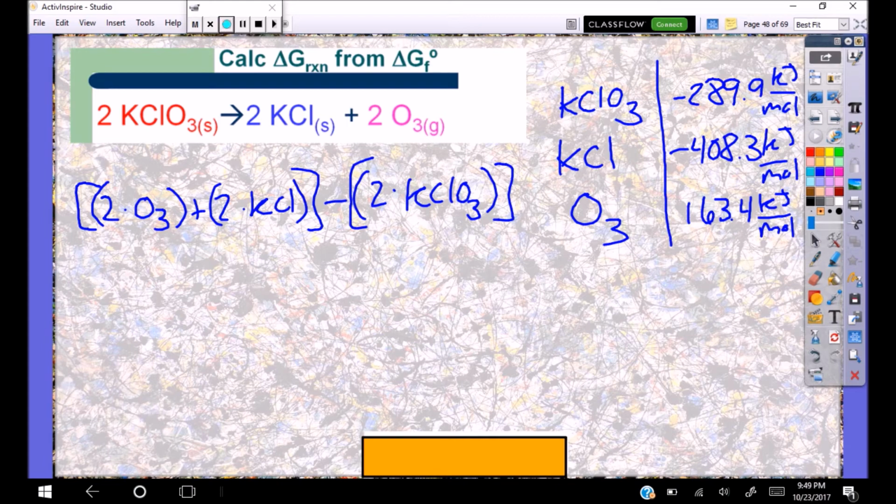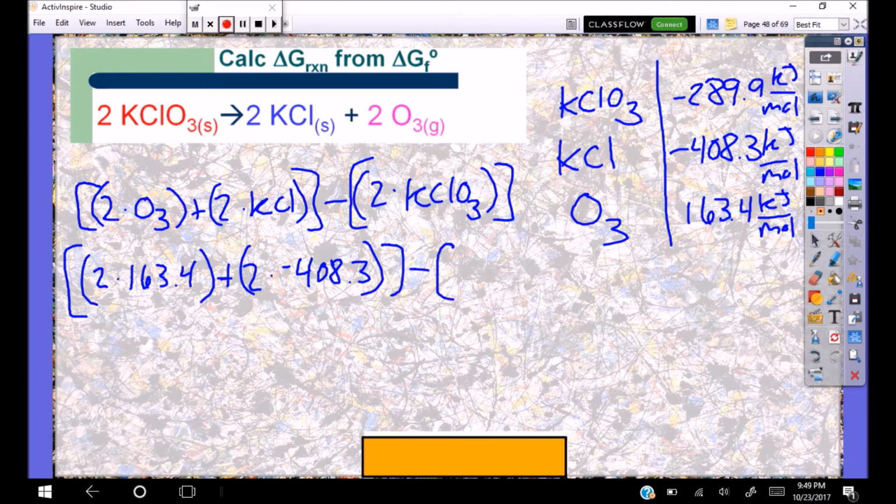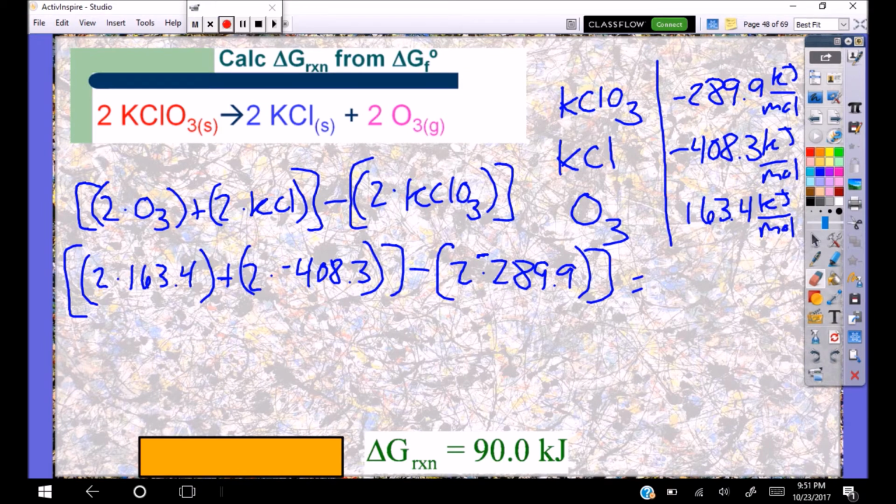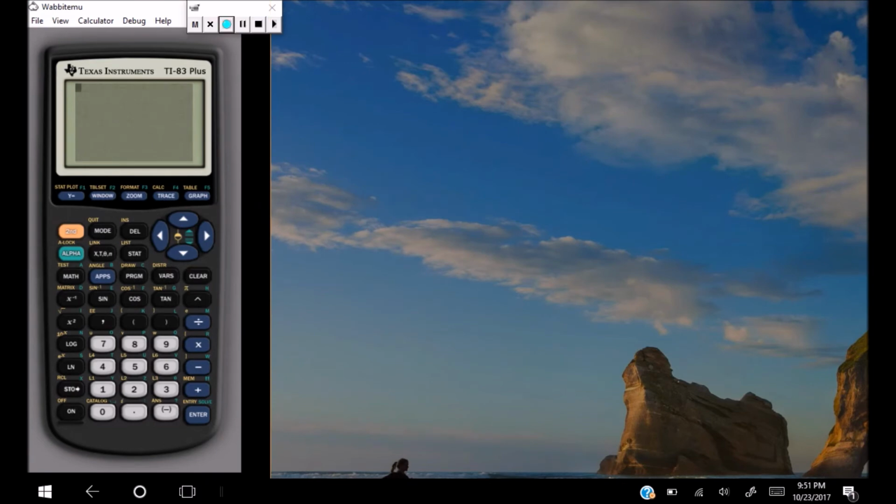All right, here are my numbers. I've got 2 times 163.4 plus 2 times negative 408.3, minus 2 times negative 289.9. So let's rock that in our calculator.